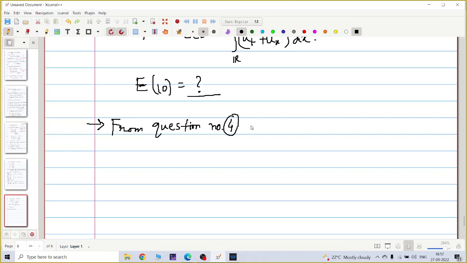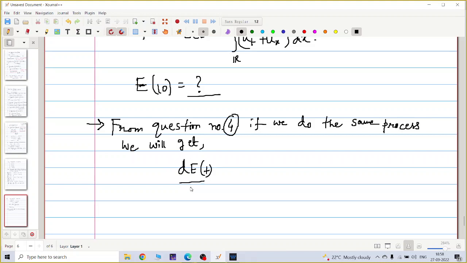If we do the same process, we will get d/dt of E(t) is 0, because if you compare with question number 4, you get f equal to 0.